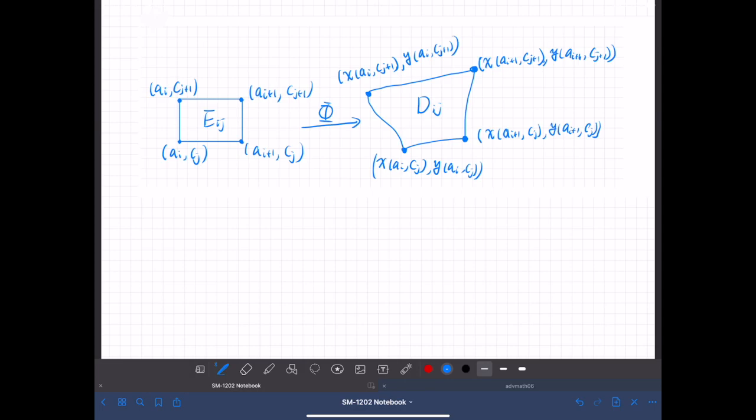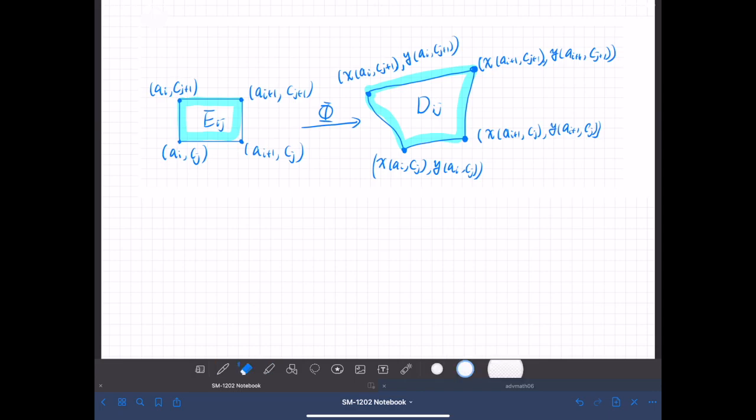Let's look at this situation more closely. So we have this rectangle eij here, and this is mapped to this shape dij. Okay, and we are trying to compare the areas of eij and dij.